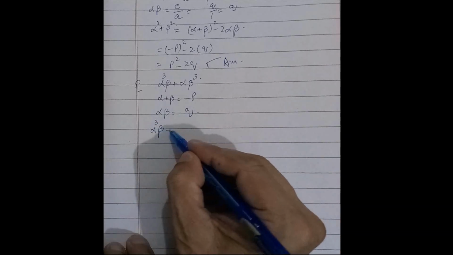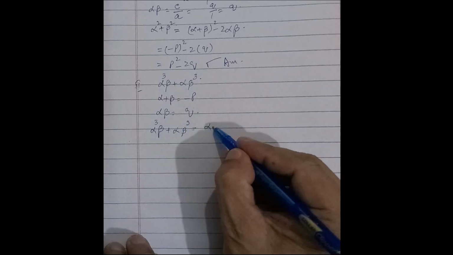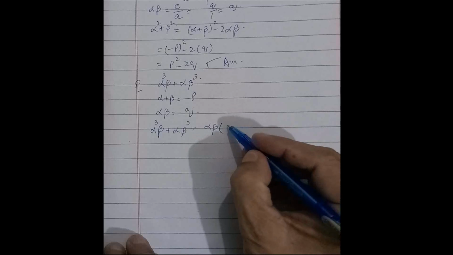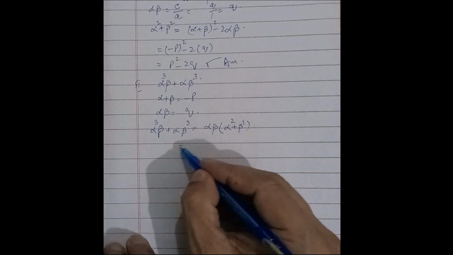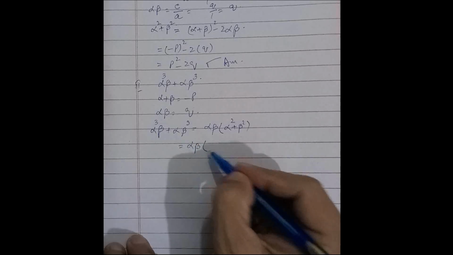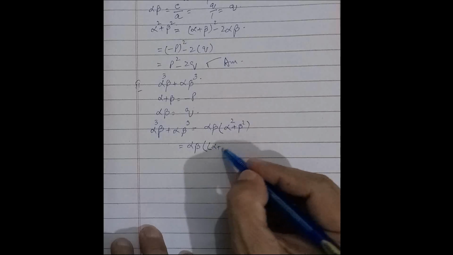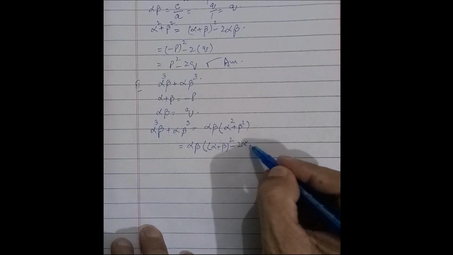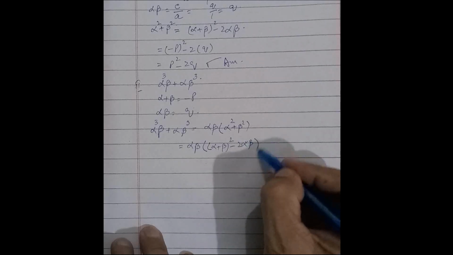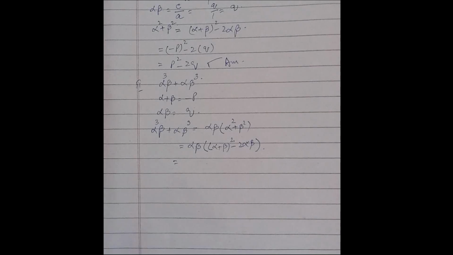Alpha cube beta plus alpha beta cube, take common alpha beta, and the remaining values are alpha square plus beta square. Alpha beta, this value is converted into alpha plus beta whole square minus 2 alpha beta, and then we put the values of alpha plus beta and alpha beta.